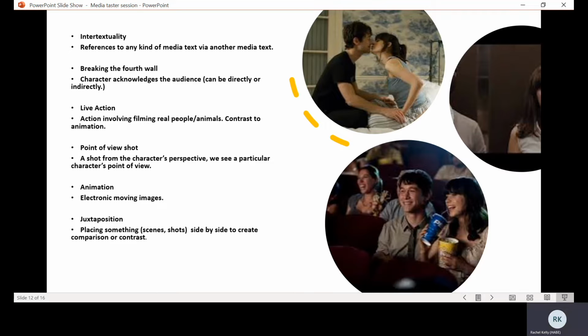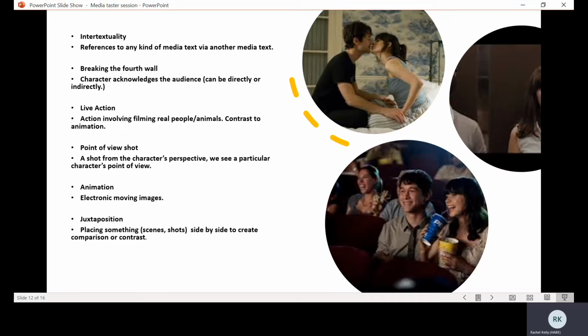It's where we see cartoons, computer-generated graphics, all that sort of thing. And then juxtaposition, placing something, scenes or shots, side by side to create comparison or contrast. So where we can see something that refers to something else and it makes meaning.